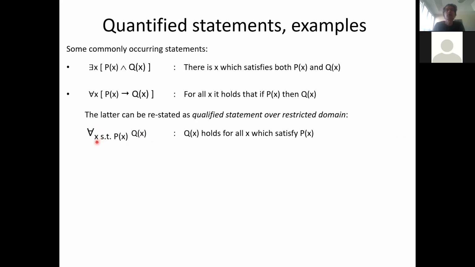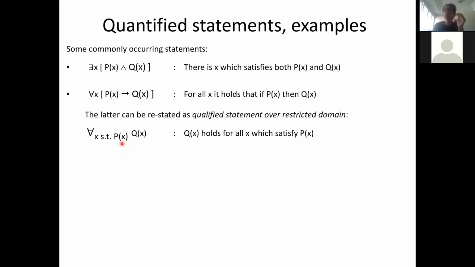So you can think of this as the domain on which x goes not being the original domain, but a part of it, for which this predicate holds. And in this statement I'm only saying something about x's which belong to this restricted subdomain, if you will.